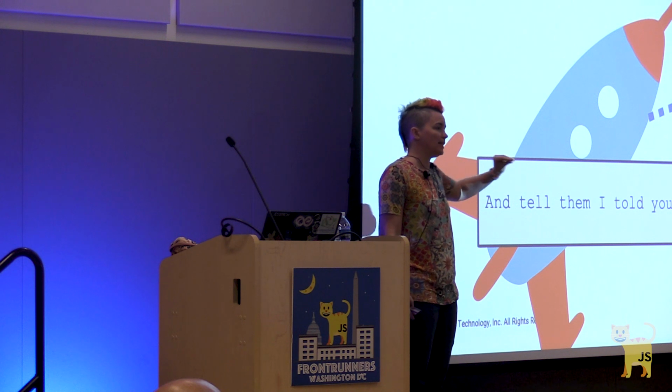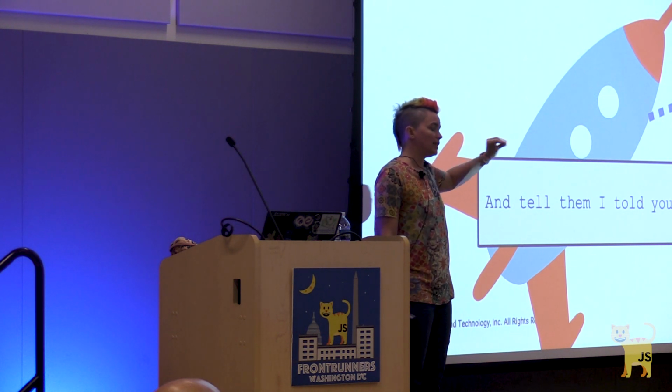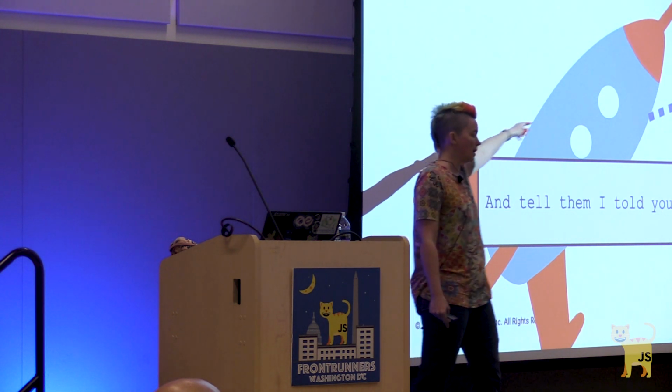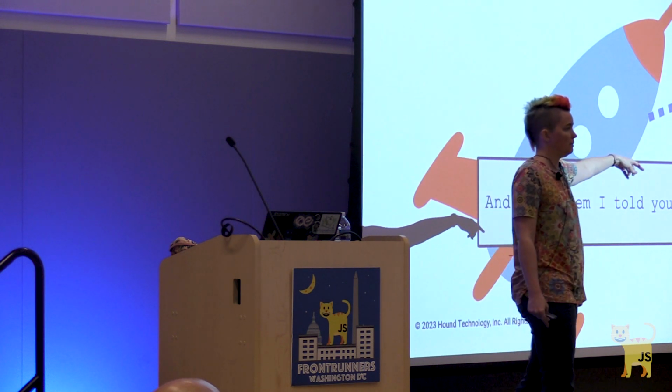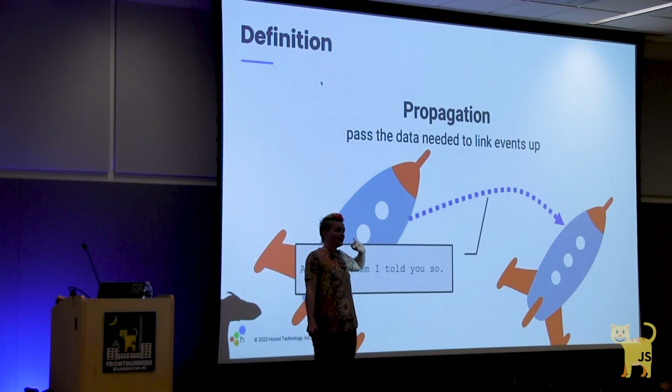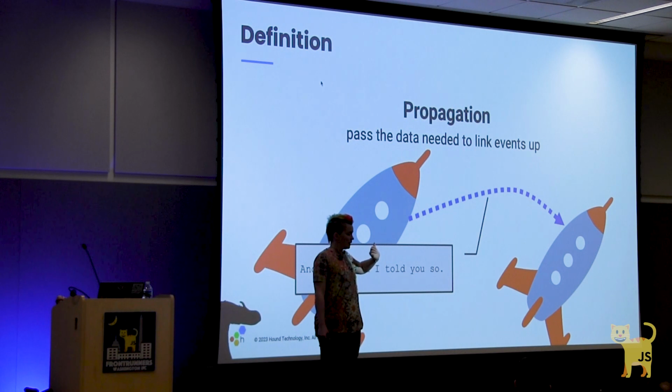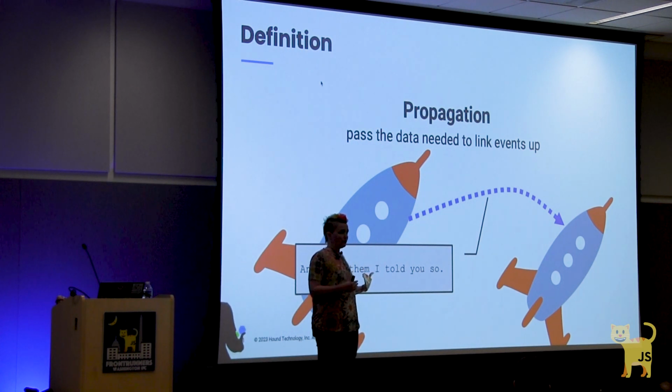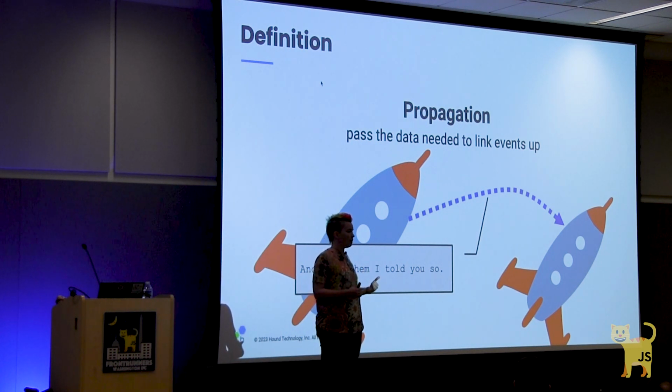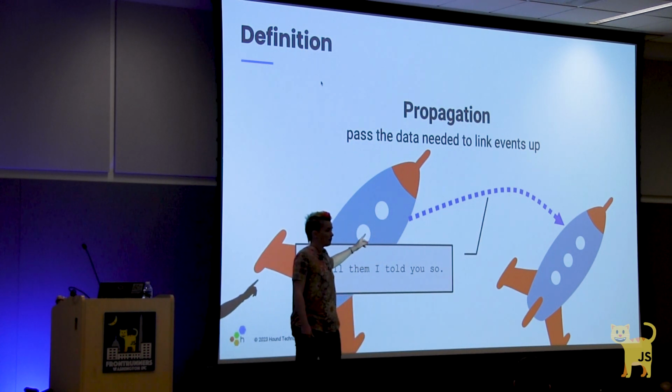Propagation is when you stick enough tracing information inside the message. So when one service makes an HTTP call to another, in the HTTP header, it's called traceparent. There's just enough information to say, what is this part of? Where did this request come from? And we can tie them together.